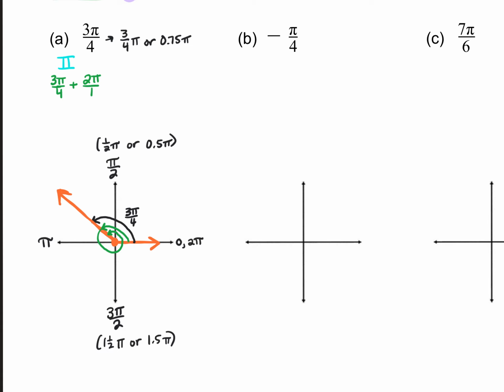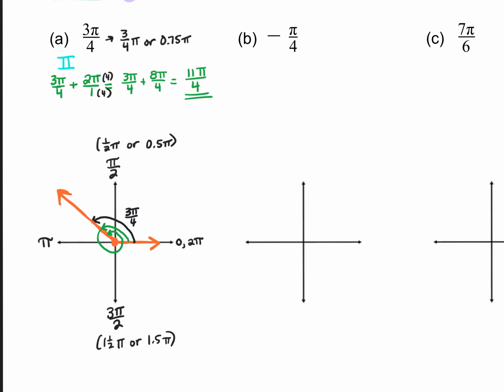Remember, I'm of the opinion that whenever you see one fraction in a problem, you should probably make everything a fraction. So really what I'm doing here is I'm adding 3 pi over 4 to 2 pi. In order to do that, I have to have common denominators. Well, that means I'm going to have to multiply this fraction by 4 over 4, which really means I'm taking 3 pi over 4 and I'm adding 8 pi over 4, one full rotation. And what that gives me is 11 pi over 4.